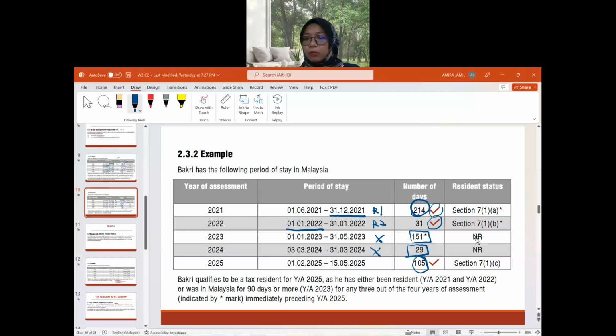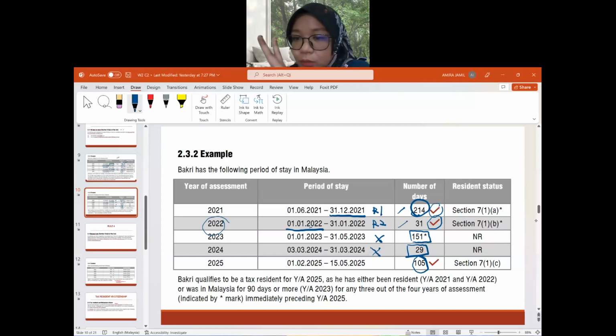105 days is more than 90 days. Okay, more than 90 days, and he can be considered as tax resident under rule number 3 because for YA 2021 he is a tax resident, one, and then for YA 2022 he is also a tax resident under rule number 2 because it's immediately following.